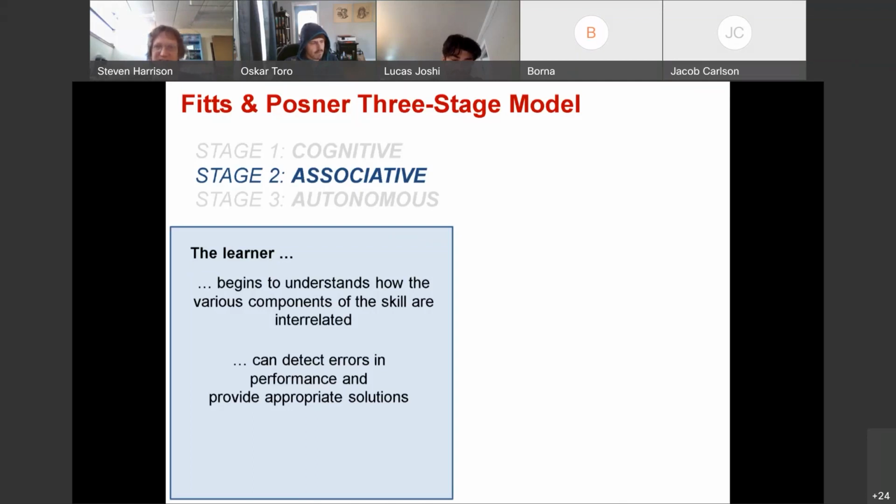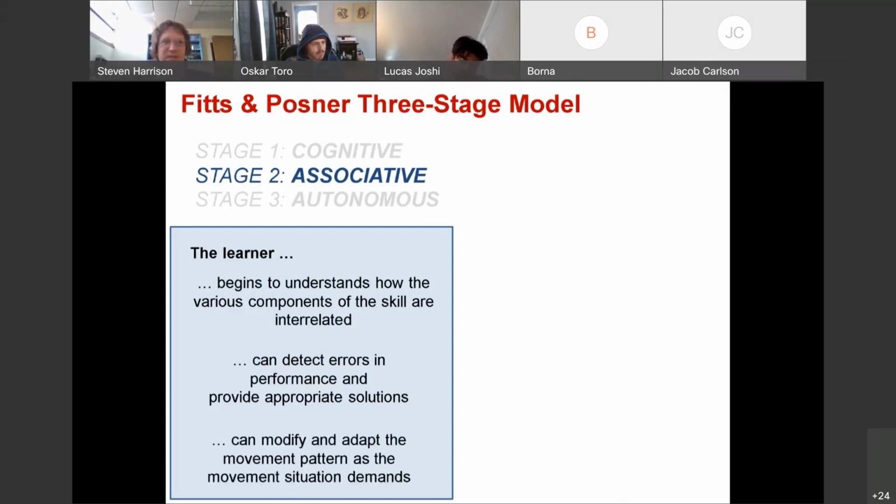In this particular stage, you begin to learn when an action doesn't feel right, and begin to associate the unfolding of an action not feeling right with modifying that action in a particular way, to come up with particular solutions to those types of errors. So an individual in the associative stage can modify and adapt the movement patterns as the situation demands.